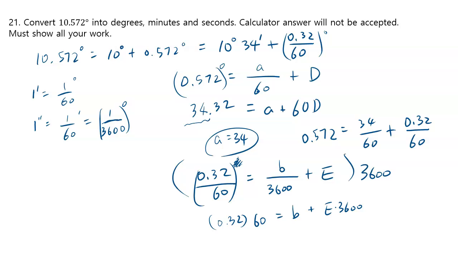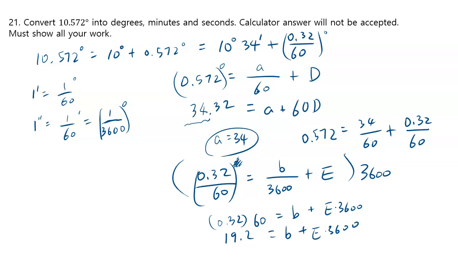Okay. If you further calculate this, it's going to be 19.2 equals b plus e times 3,600. Now there's a slight difference between how you choose A and how you choose B. See, for A, you just want to know the whole number part.